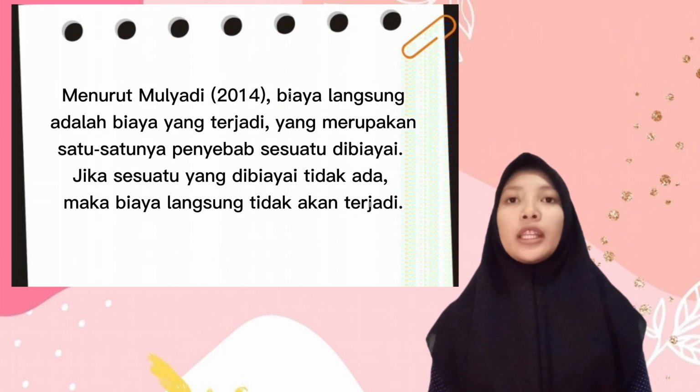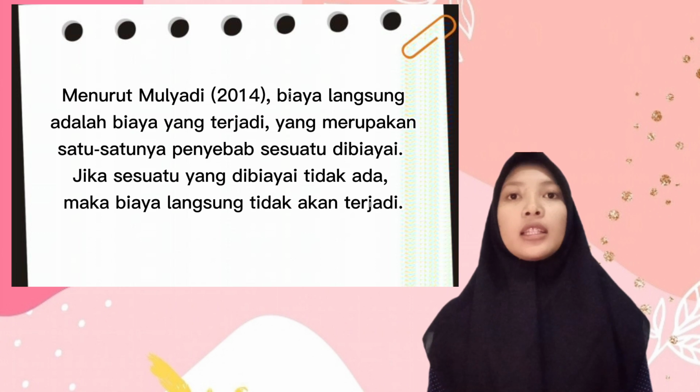According to Mulyadi 2040, direct costs are costs that occur solely because of something being financed. If something that is financed does not exist, then direct costs will not occur.